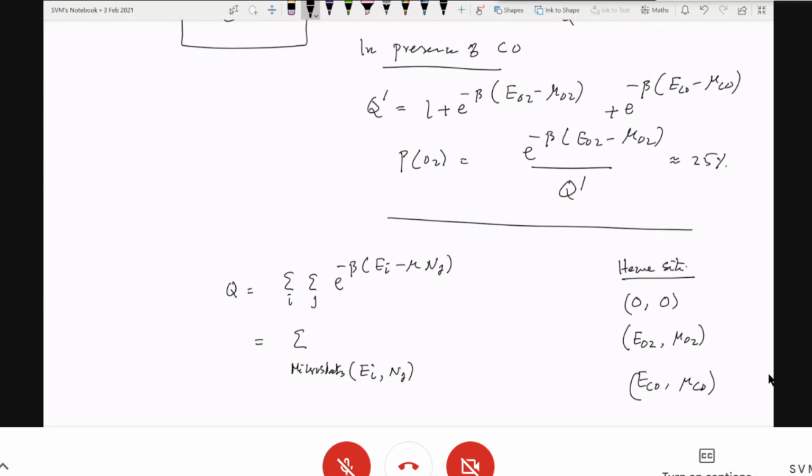Right. Yes, sir. I always had a confusion about the sum over microstates and the sum over energies, like in the canonical ensemble also, where we have a system with degeneracy. What do we do at that time? You have to multiply by the degeneracy.